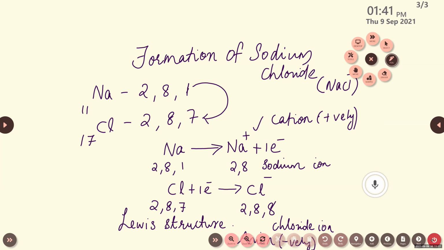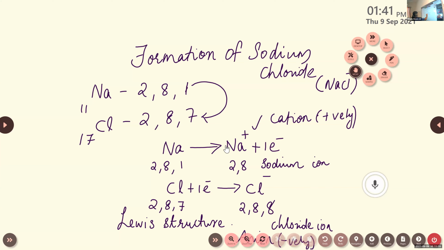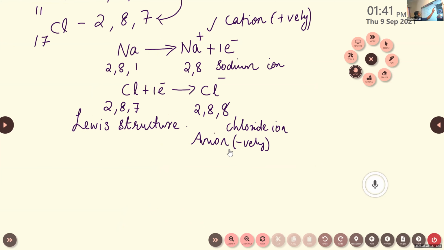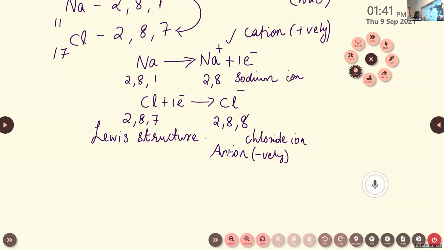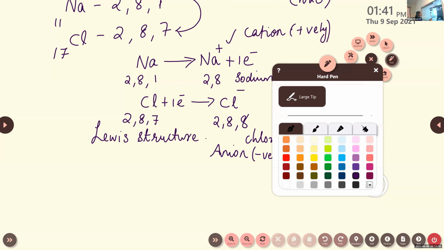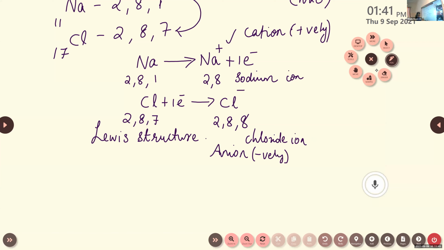Now we are going to draw the Lewis structure for sodium chloride. First we will write the symbol of sodium, that is Na, right? And only represent the electrons present in the outermost shell.